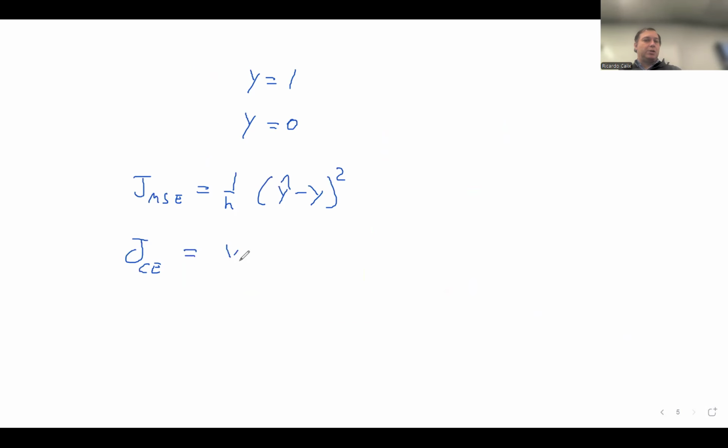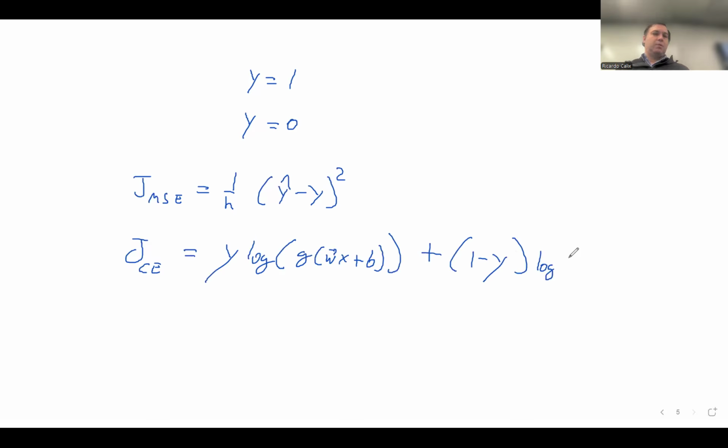If we put it all together as one equation, it is y log of g, which is some function, of w x plus b, plus 1 minus y log of 1 minus the function g of w times x plus b.